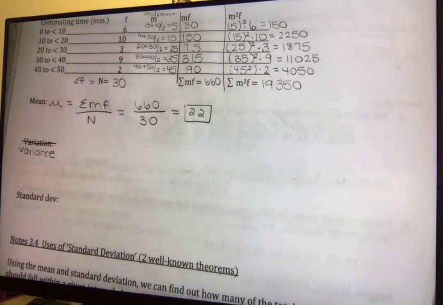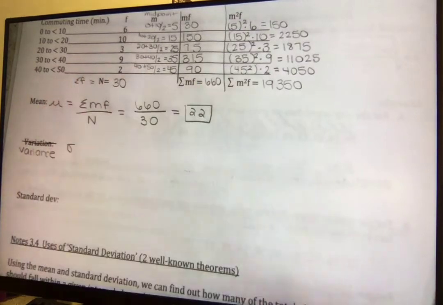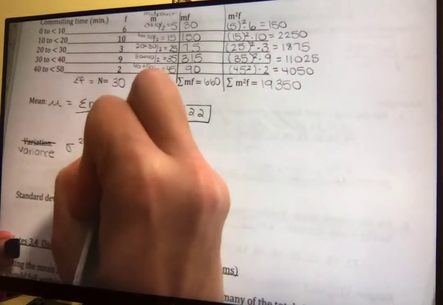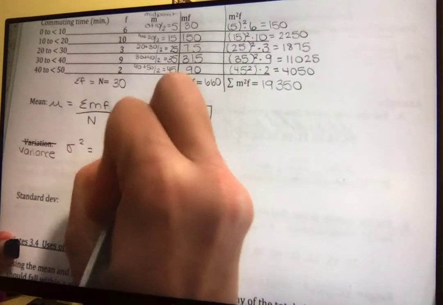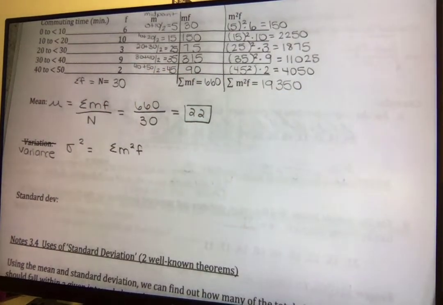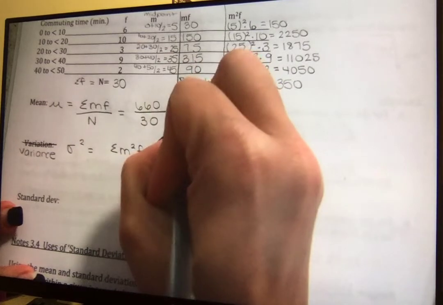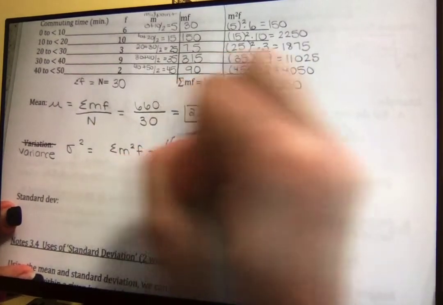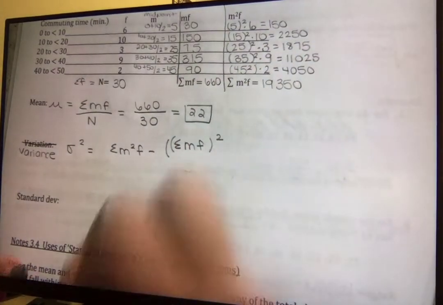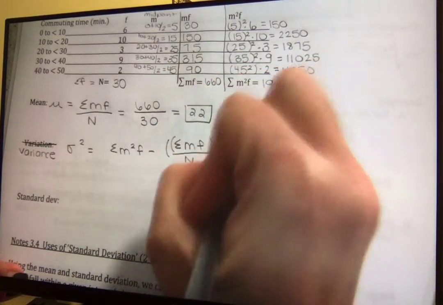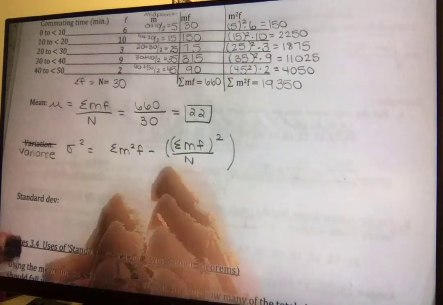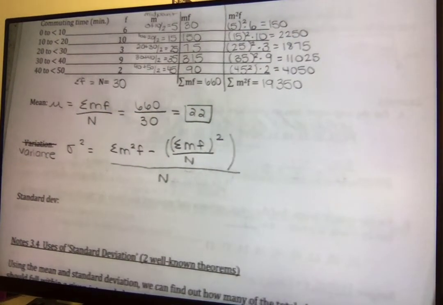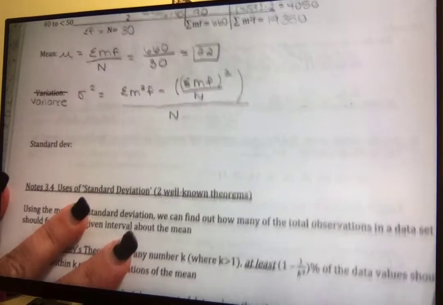So for our variance, remember it's a population, so we have this sigma. Sigma squared equals the sum of m squared times f, which we have, minus the sum of m times f, which we have, taking that value and squaring it, divided by n, which we have, all over n. So it's the exact same as that previous one we just did. This is the formula that will be on the formula sheet on the test.